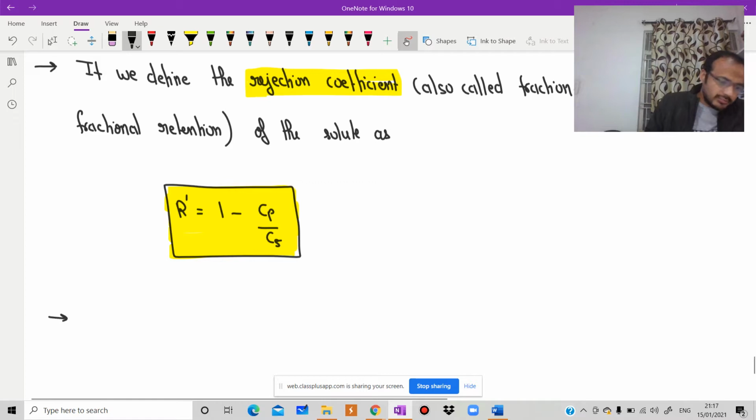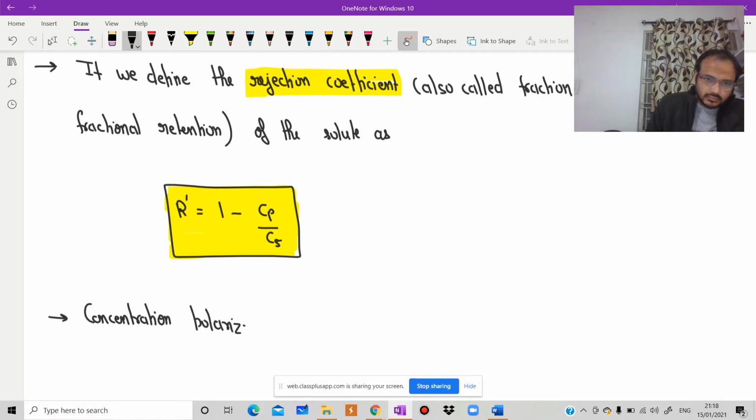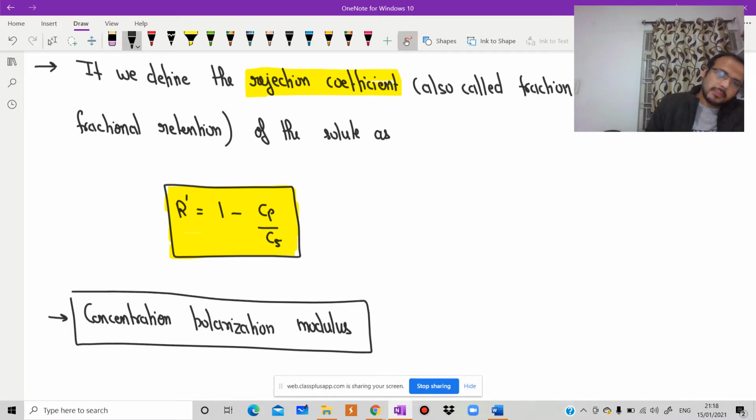There is one more small term, that is concentration polarization modulus.